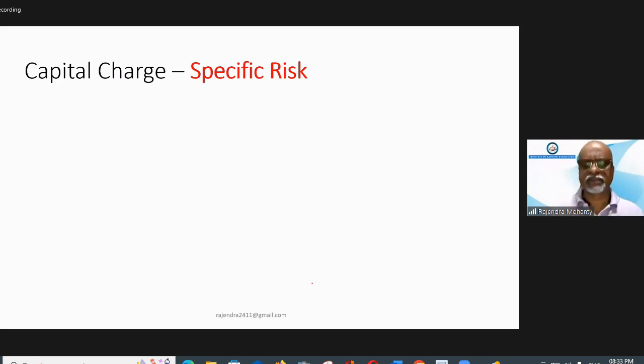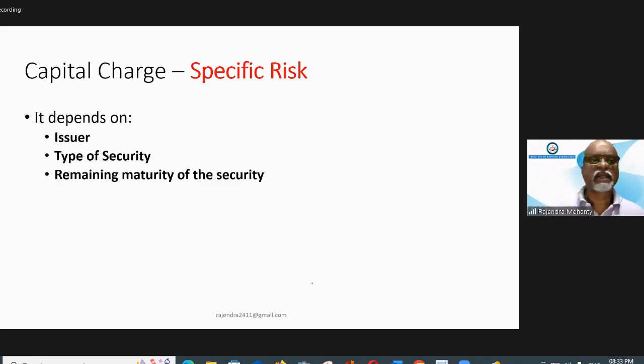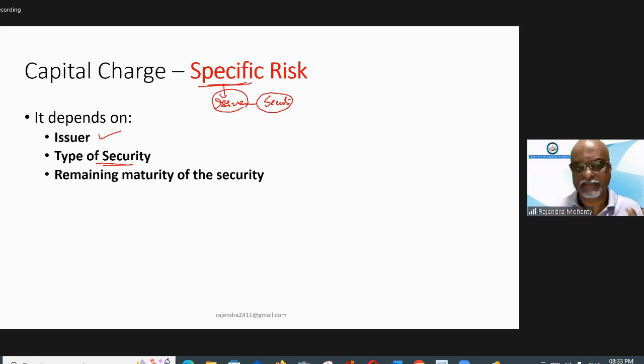But capital charge for specific risk depends on the issuer, because we are talking about the specific issuer who has issued the security in which the bank has invested. It depends on the type of security, whether it is a bond or something else, and also on the remaining maturity of the security.